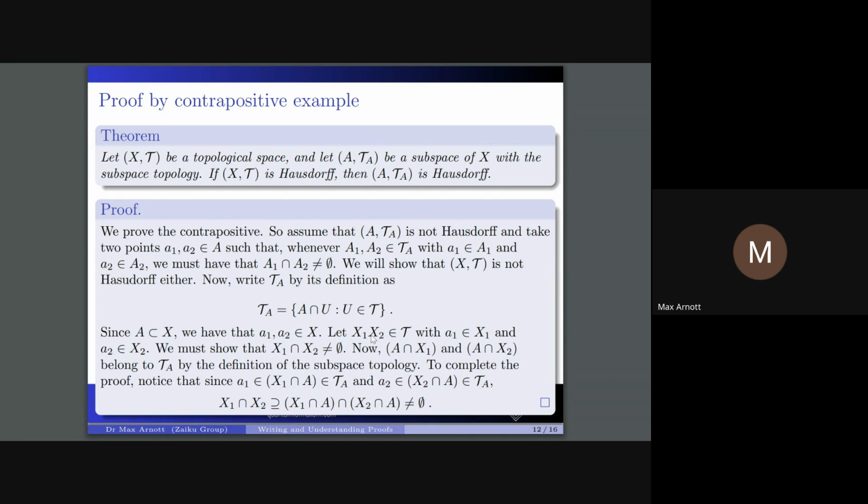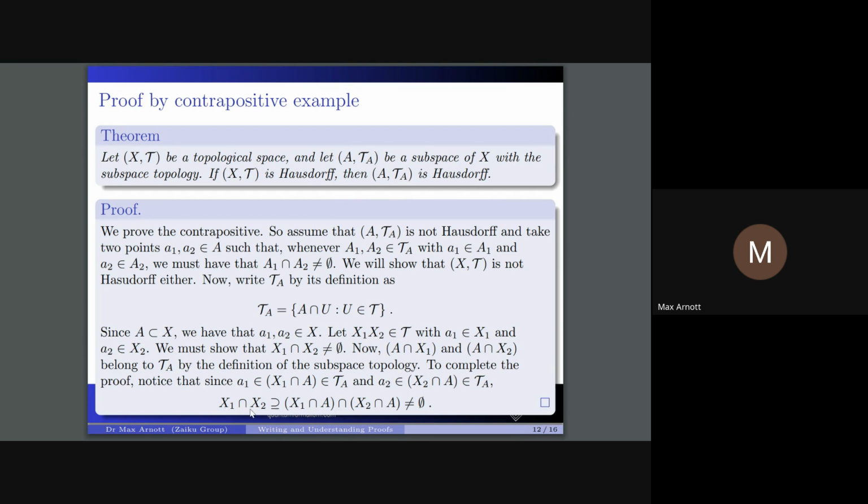Well, because T_A is a non-Hausdorff topology, the intersection of these two sets must be non-empty, right? This is our assumption we started with, which was saying that this is a non-Hausdorff topology. That means these have a non-empty intersection, but X1 intersect X2 is a superset of the intersection of these two sets.